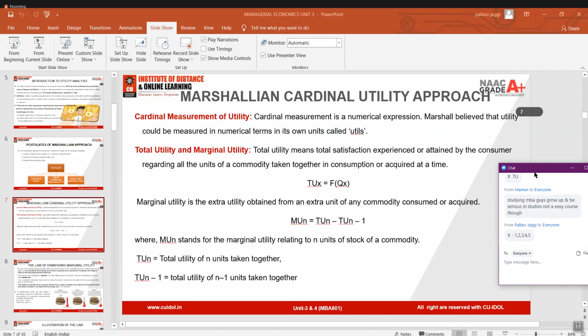This X is your commodity 1, 2, 3, 4, 5. This is the total utility. You are given X, the consumption of commodity units, and you are given total utility. Now please calculate marginal utility from this.